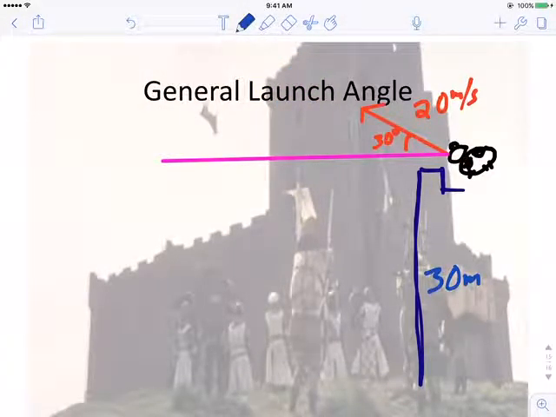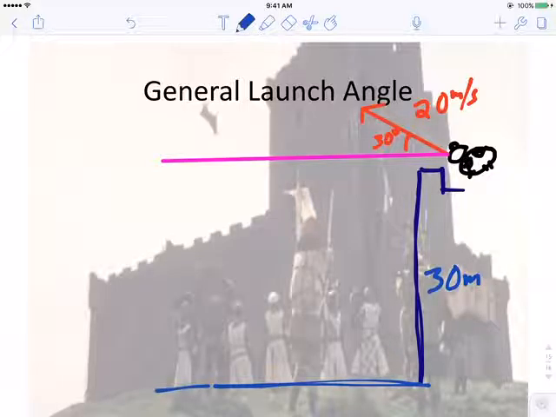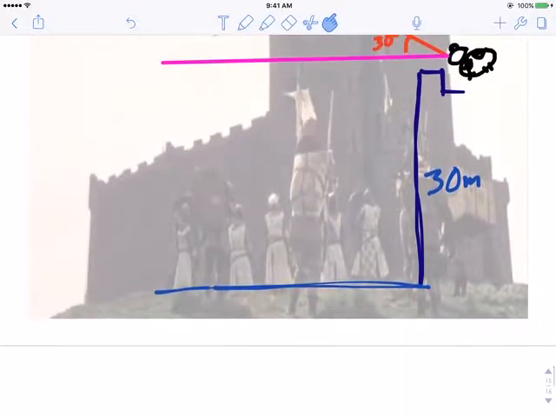And they're asking how far away does the cow land from the base of the castle. So, okay, we've drawn our picture. Hopefully you recognize this is a projectile situation. And what we need to do now is start organizing some information.